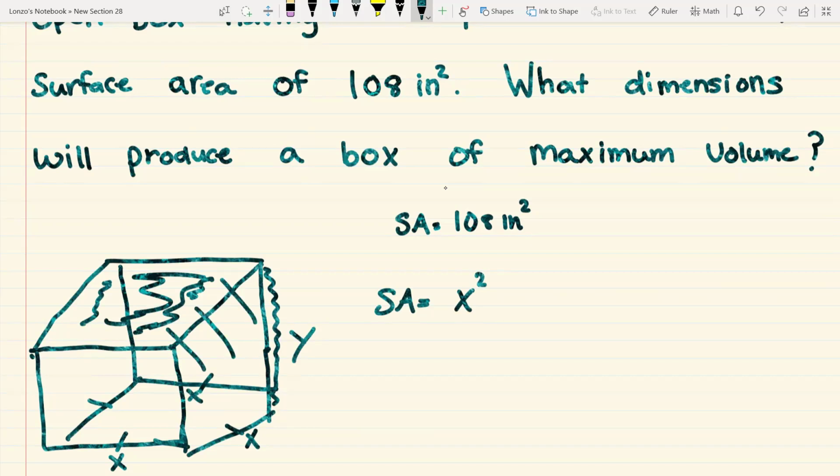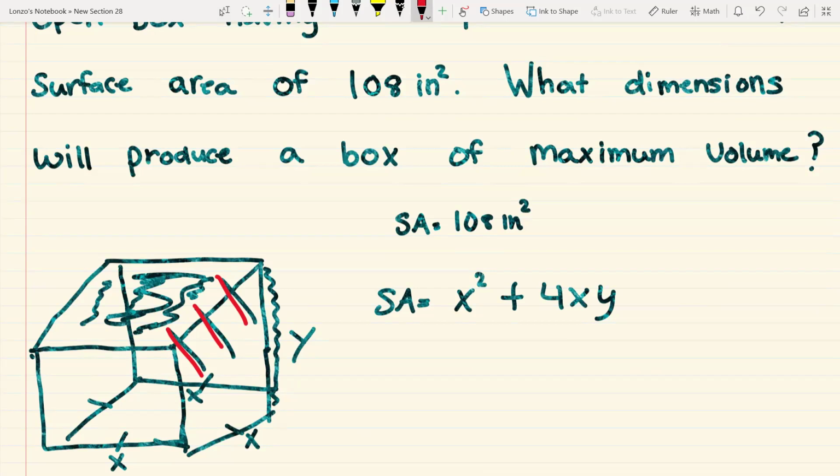And there's 4 of them, right? We don't include the top, so there are 4 faces, so it's going to be 4xy. So the base is x squared, and the other faces, like this face right here, which I'm going to mark in red, is x times y, so that would be xy, and there are 4 of them, because we exclude the top.